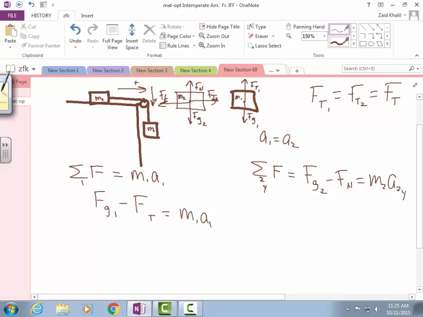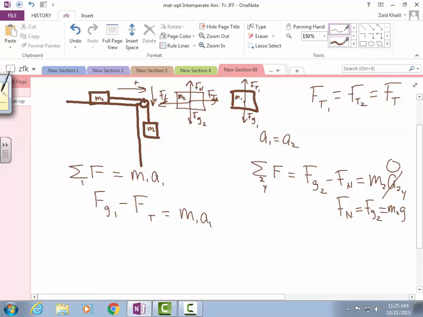What is a2y equal to? 0. So this gives us something pretty obvious, that what? Normal force is the weight of body 2. And what's the weight of body 2 equal to? m2g.